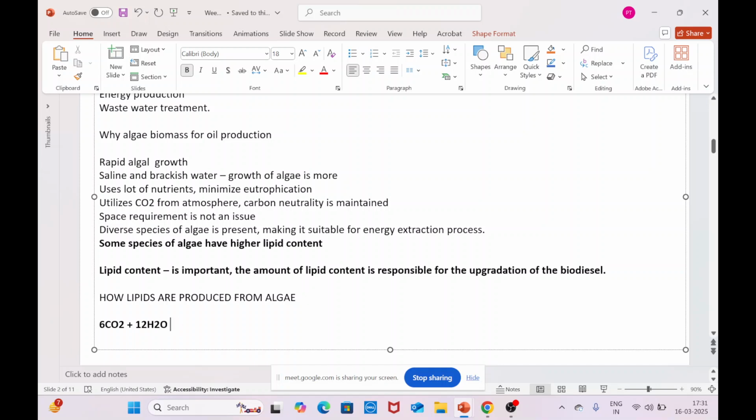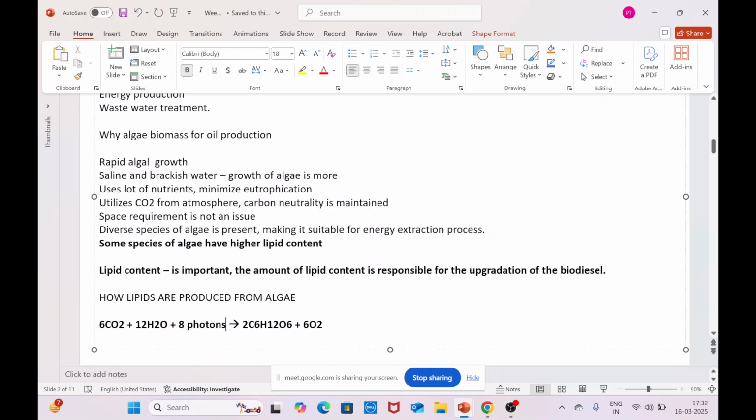This gives C6H12O6 plus oxygen, and here 8 photons are used.